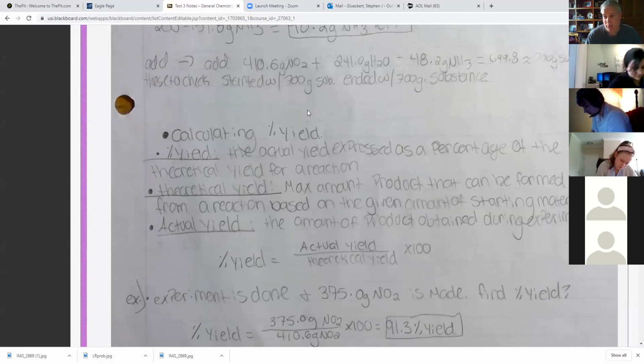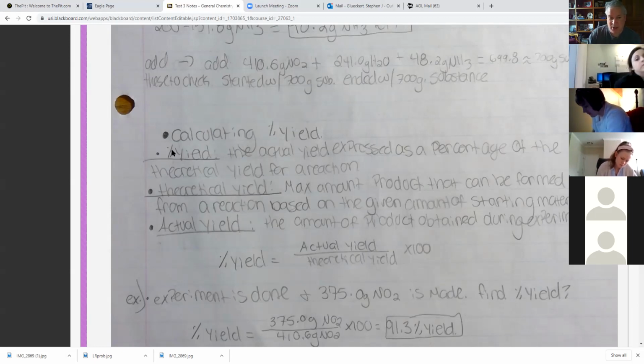You might have some unreacted starting material. You might have some side reactions occurring, things like that. Typically, like we did for the copper lab, we calculated percent recovery because we were getting the same thing back.